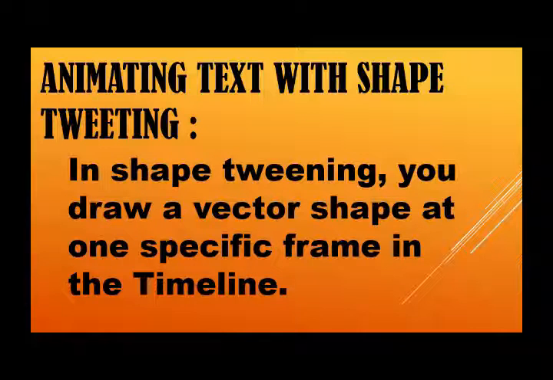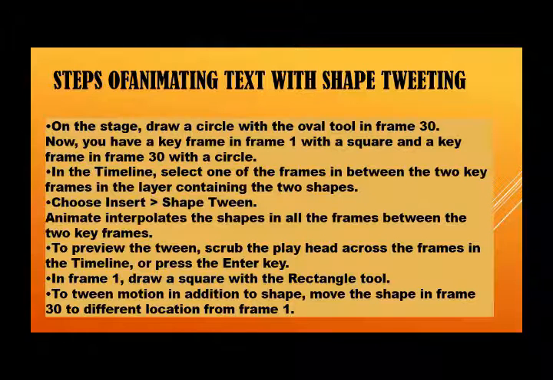The steps to apply the shape tween are: on the stage, draw a circle with the oval tool in frame 30. Now you have a keyframe in frame 1 with a square and a keyframe in frame 30 with a circle. In the timeline, select one of the frames in between the two keyframes in the layer containing the two shapes.